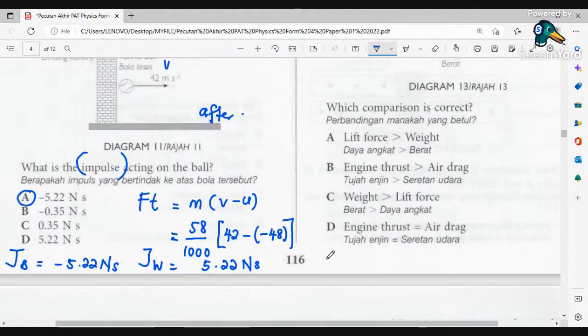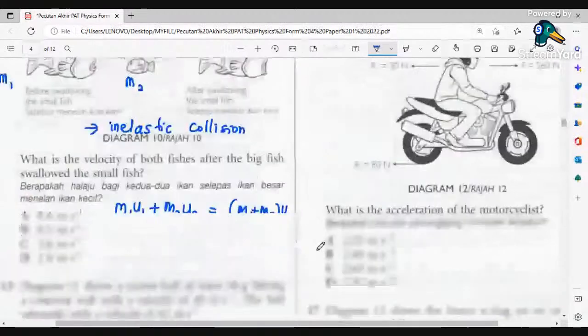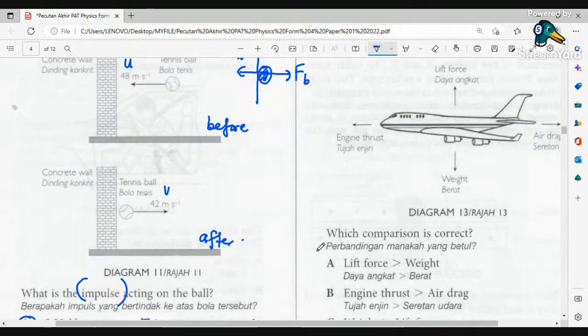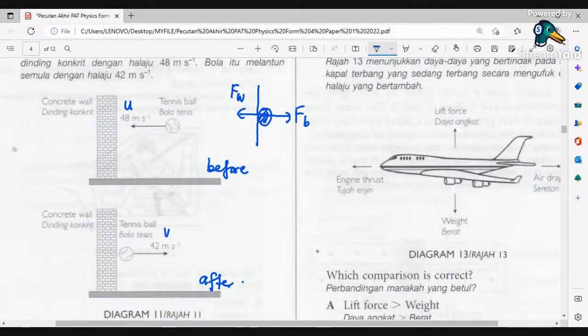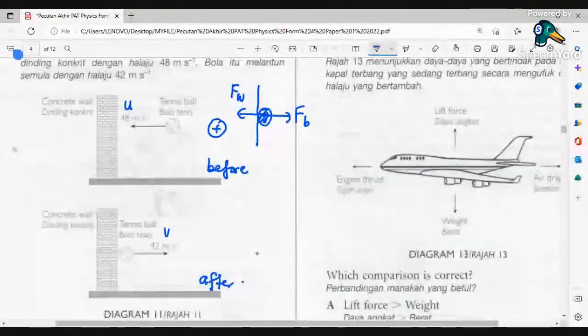Okay, Sean tanya. Okay, moving to the right, ikut KSSM kita ambil ialah positif, right? Right direction ialah positif, left direction ialah negatif. Okay, so dia sebenarnya kalau you ambil, dia either one, you nak calculate on the ball atau on the wall.